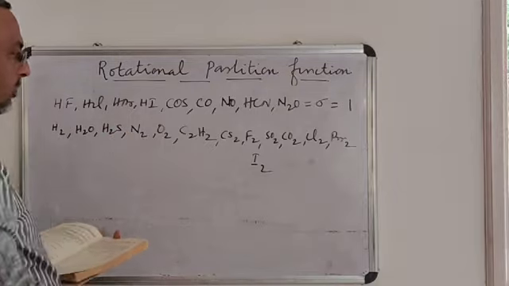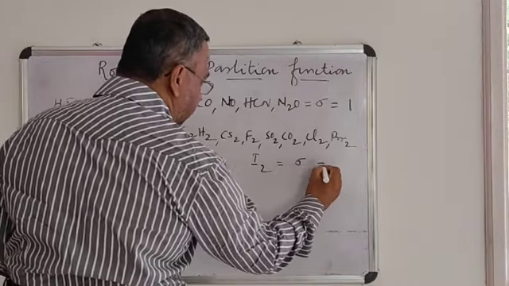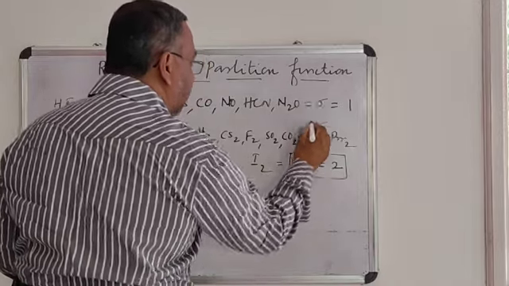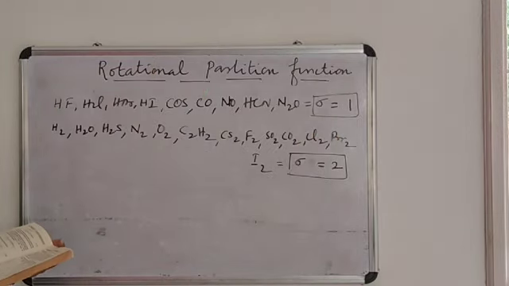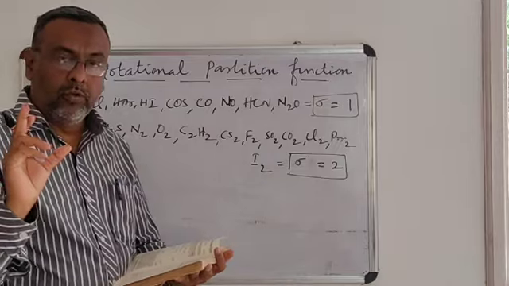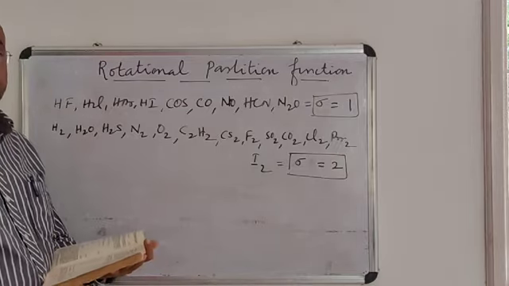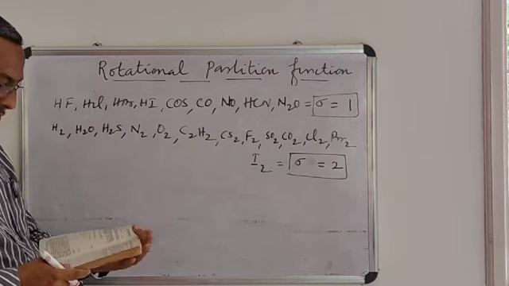For all these molecules, sigma value is 2. This is sigma is equal to 1. Because on 360-degree rotation of this molecule, they give 2 indistinguishable orientations. Therefore, sigma is equal to 2.